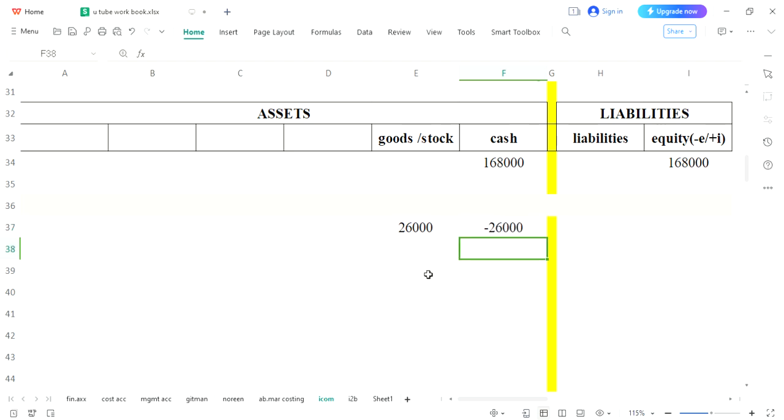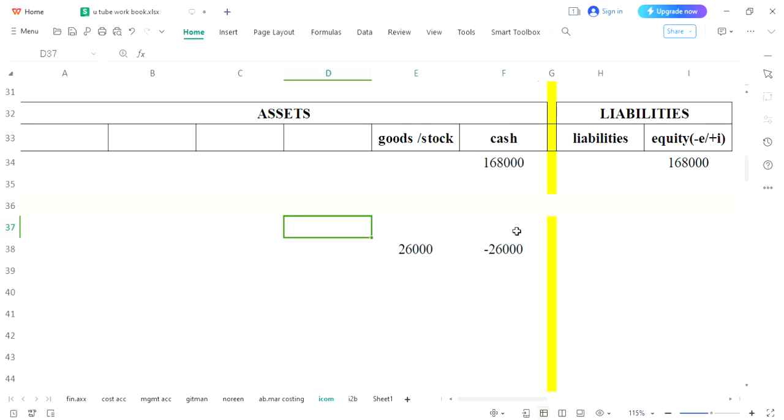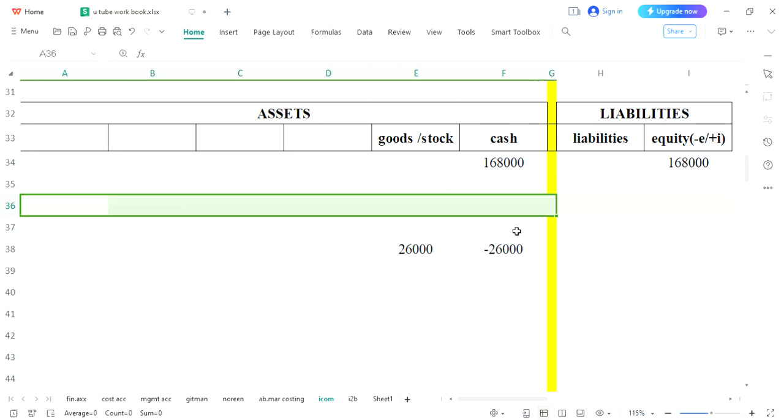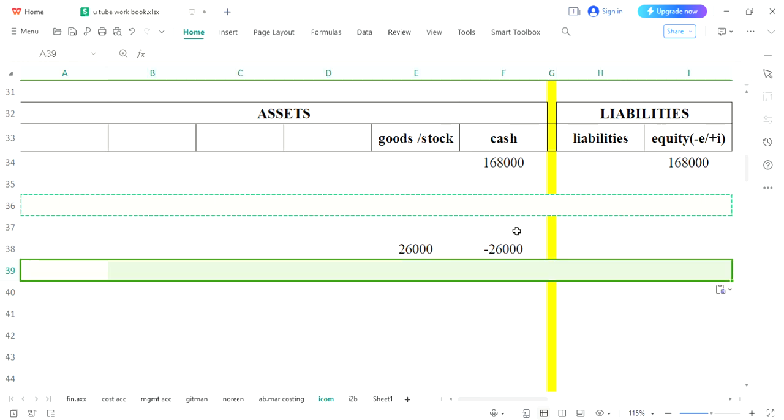Now you come to know that whenever you are writing two entries on the same side, signs are different. After which you will leave this first line vacant, and then again as usual you will leave the next line vacant.